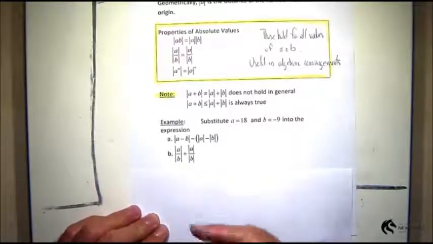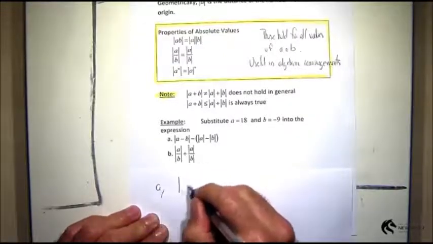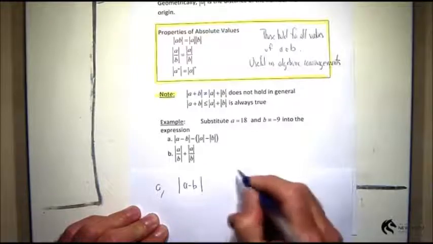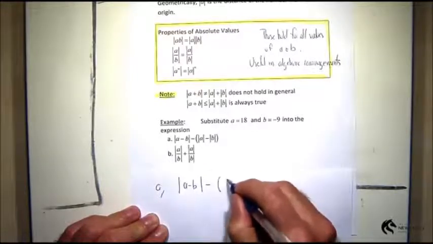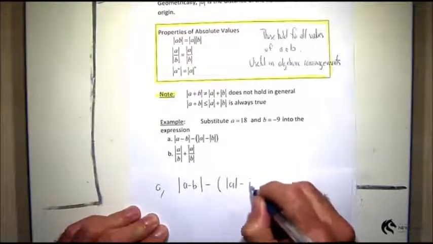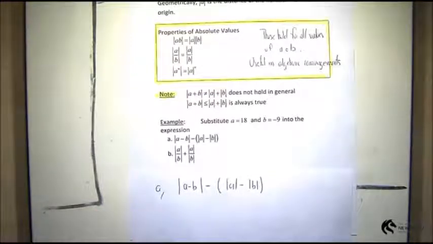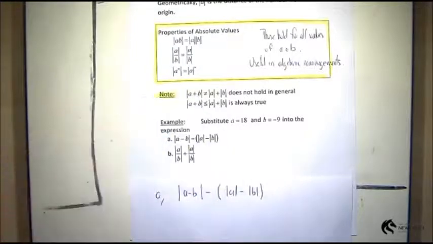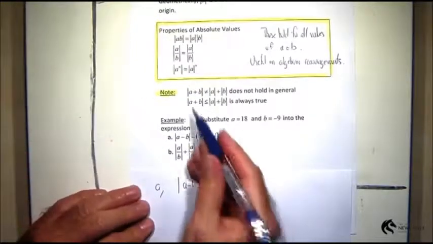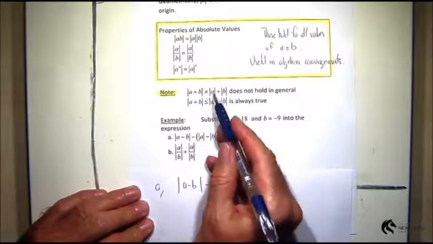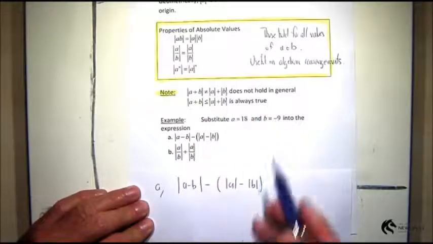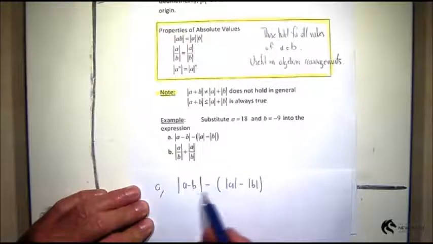The expression is the absolute value of A minus B, minus the absolute value of A, minus the absolute value of B. If the absolute value of A minus B was the absolute value of A minus the absolute value of B, those two numbers would be the same and we would get 0 here.